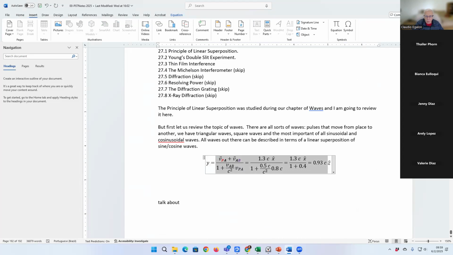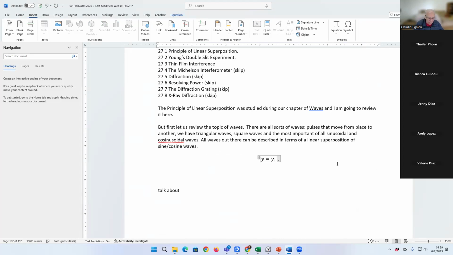y is going to be written down in terms of an amplitude of the wave, times the sine function of 2 pi over lambda, where lambda is the wavelength of the wave. And then we have another term here, which is going to be x plus or minus vt.